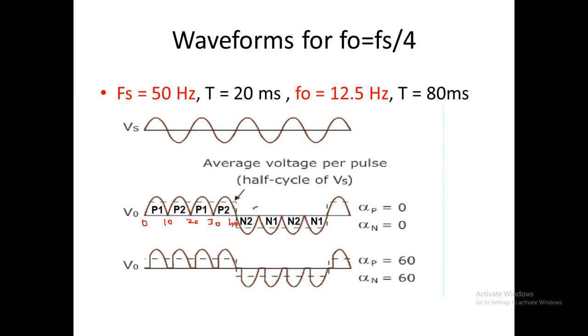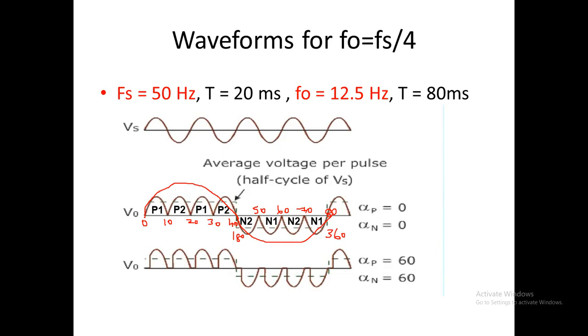Again 50, 60, 70, and 80. 40 milliseconds for positive and 40 milliseconds for negative. So correspondingly it will be 180 degrees, and correspondingly it will be 360 degrees, since this will be the positive half cycle of the output and this will be the negative half cycle of the output. So this will be 180.